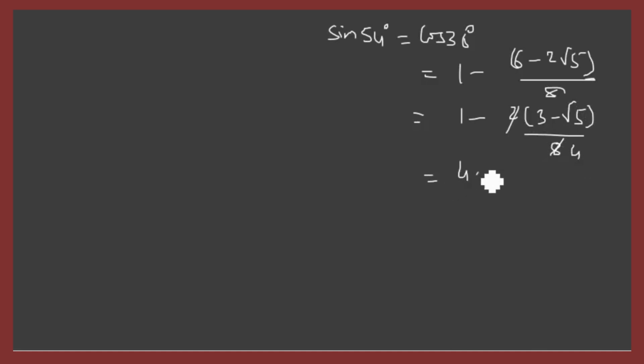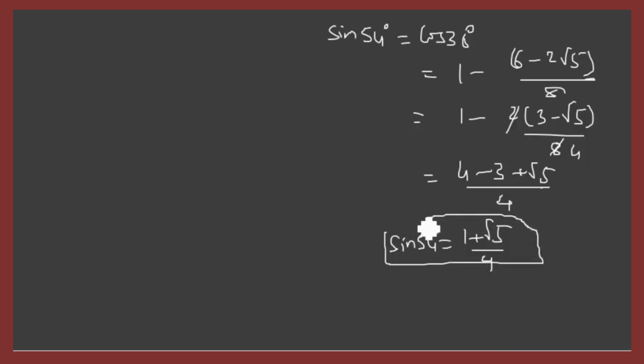Now take the LCM: (4 minus 3 plus √5) divided by 4. So we get (1 plus √5) by 4. So sin 54 degree or cos 36 degree is (√5 plus 1) by 4.